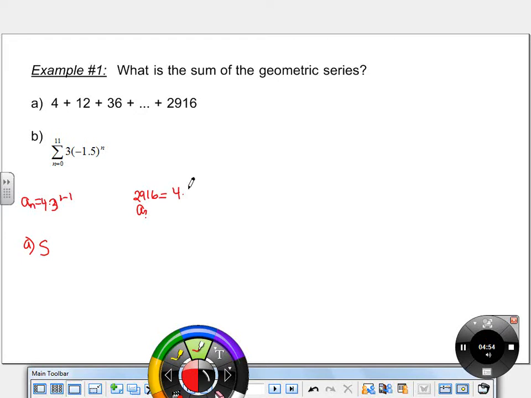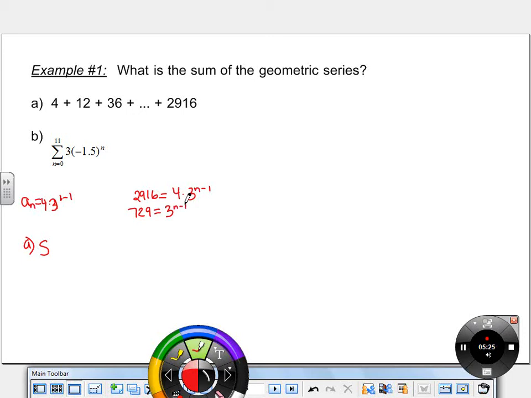So where does that fall in this? So if I take 2,916 and I divide it by 4. See what I get. Sorry, 1 minute. So I get 729 equals 3 to the n minus 1 power.